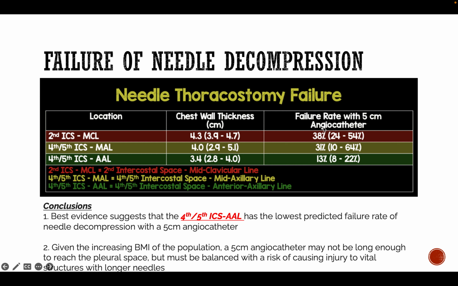In our particular case, we utilized all of these, particularly, I believe this was a mid-axillary point, so we had a 38% failure the first time, then 31%, and it's hard to tell if it failed because we improved, but we just didn't have a definitive way to vent the chest.